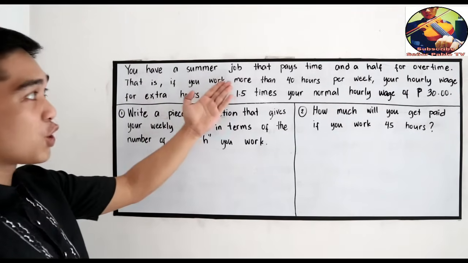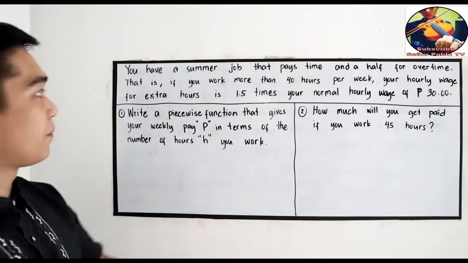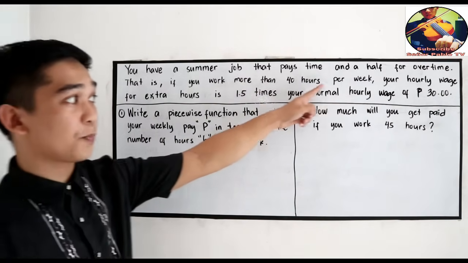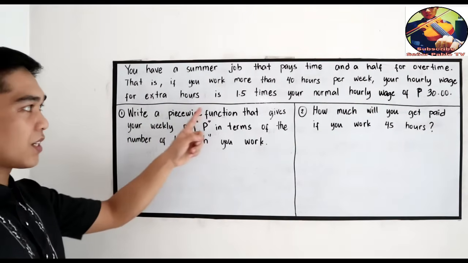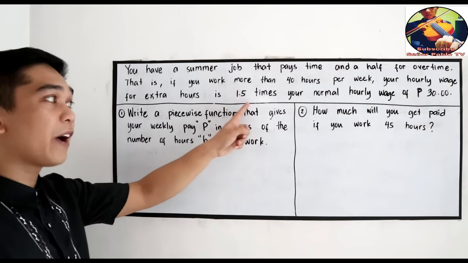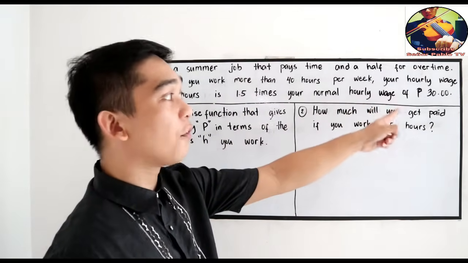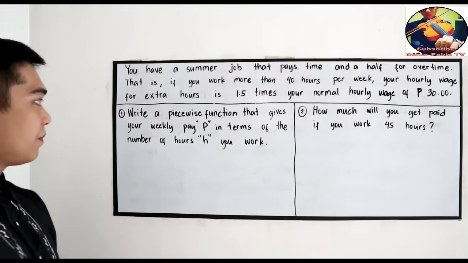You have a summer job that pays time and a half for overtime. That is, if you work more than 40 hours per week, your hourly wage for extra hours is 1.5 times your normal hourly wage of 30 pesos. Question number 1.